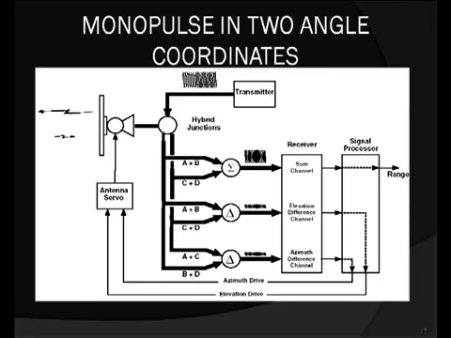The hybrid junction in waveguide form or in microstrip form is shown in the diagrams here. Basically, they are magic tees or rat race. So ports 2 and 3 will be used to get the inputs, whereas ports 1 and 4 can be used to get the outputs.